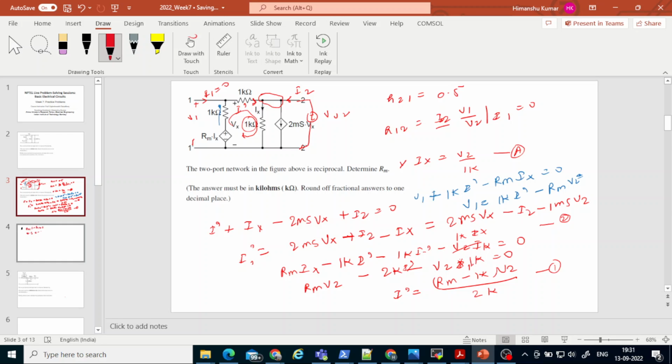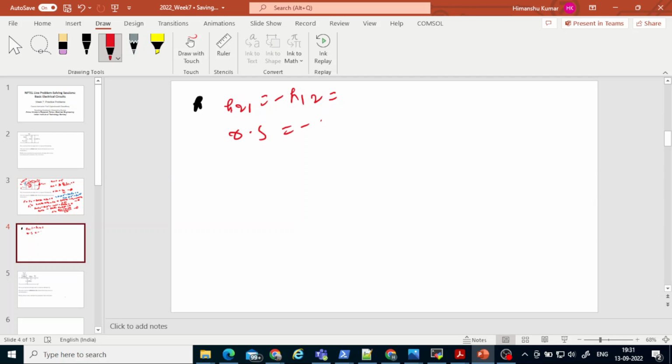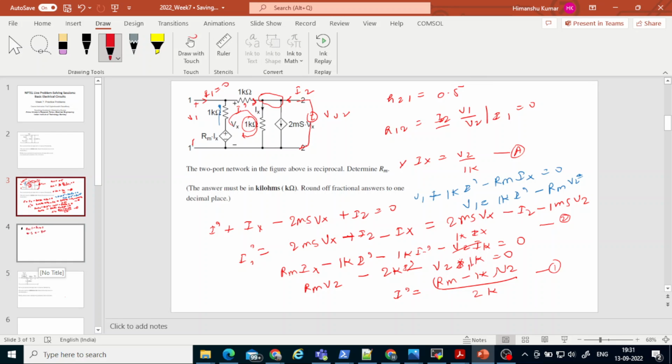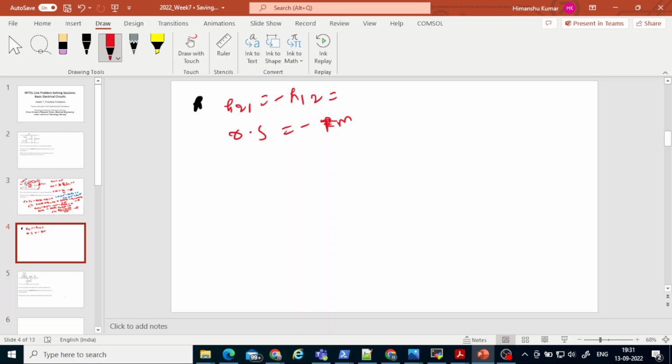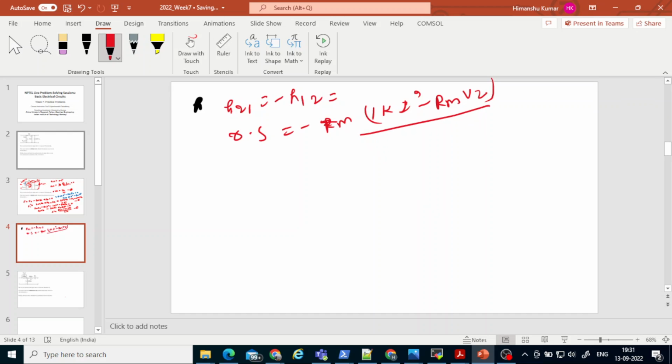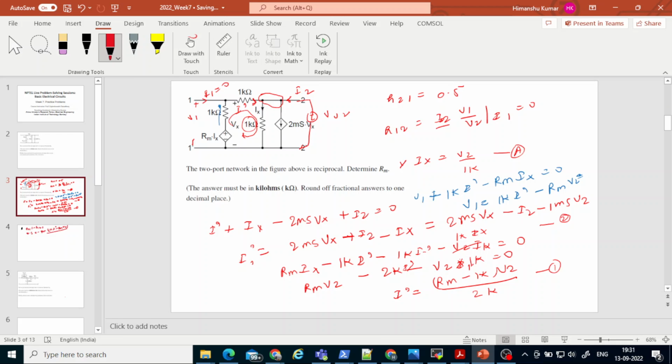So V1 by V2 we can write. So V1 is 1k times I dash minus Rm times V2, divided by V2, and from the second equation we can write V2 in terms of I dash.